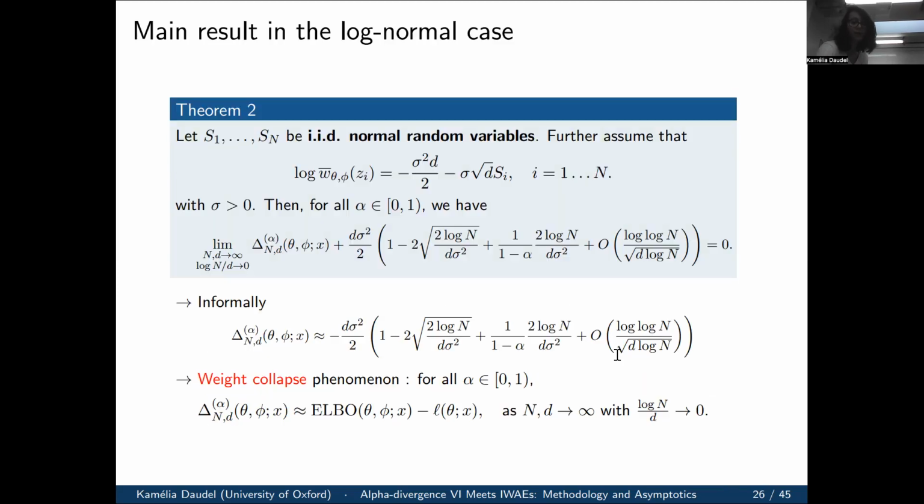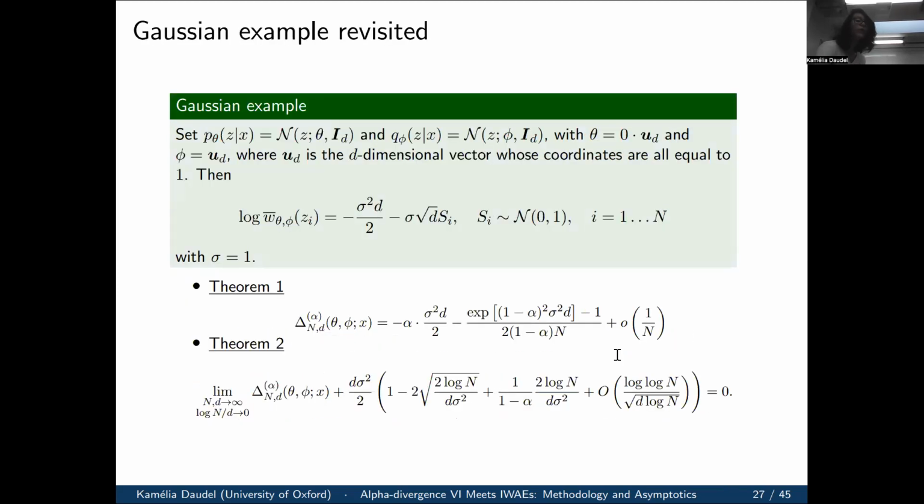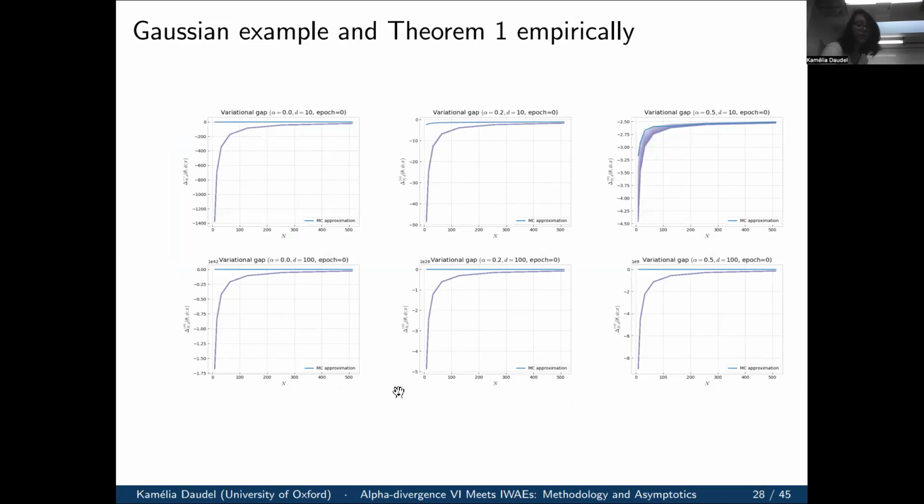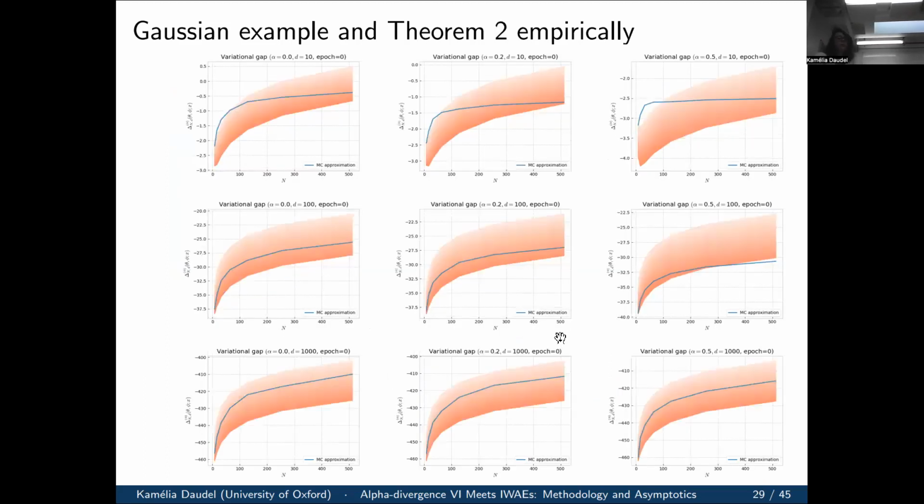So that's for the theoretical study. And if we now go back to our Gaussian examples and compare the two approaches that we've seen, the first one, which was Theorem 1, and the second, which is this one under this assumption, then here are the curves that we get. Those we've already seen, and here are the ones for Theorem 2.